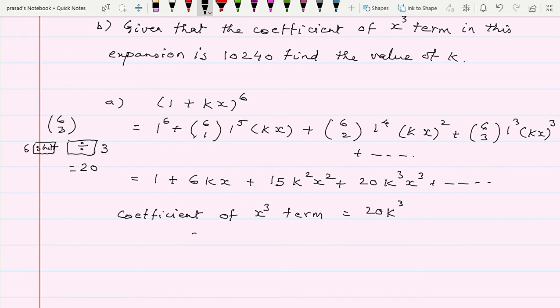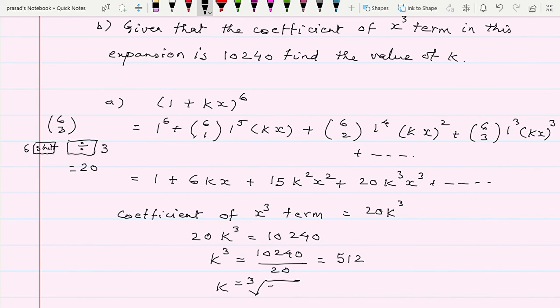That means 20 k cube is 10,240, which gives you k cube as 10,240 divided by 20, which is 512. So k is the cube root of 512, which is 8. Are the steps okay with you, students?